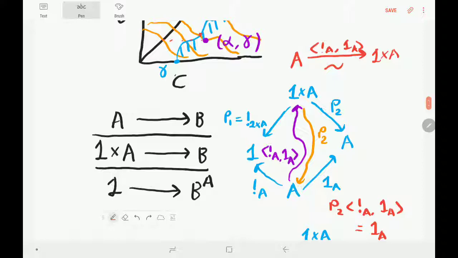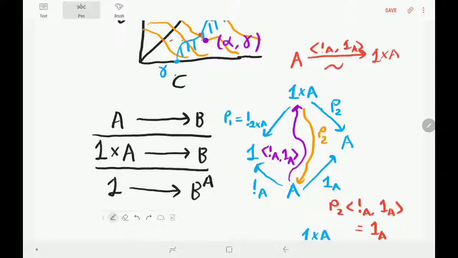And now we can really see why this exponential object is often referred to as the object representing the maps from A to B. And that's because if we have a general arrow from A to B, by what I just said, that's equivalent to an arrow from 1 times a to b, and then taking the transpose of this, we get this unique arrow from 1 to b to the power of a.